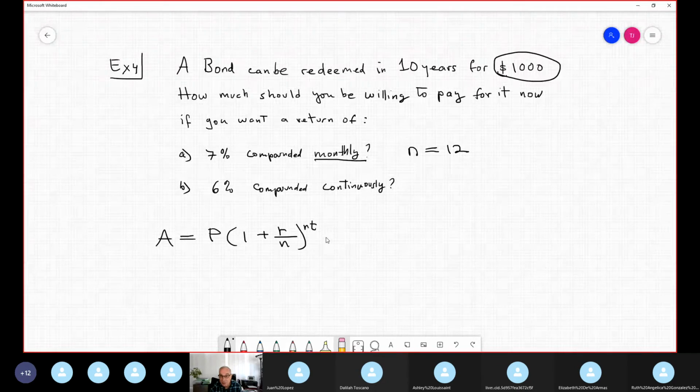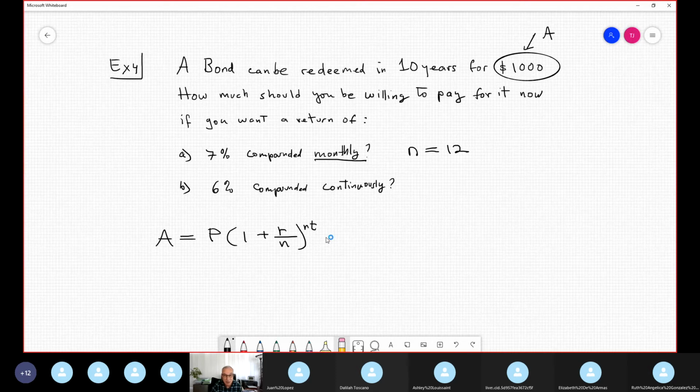So the unknown, the thing I try to find, is present value, the price I am willing to pay right now for the bond in order to get $1,000 in 10 years. Present value is equal to future value divided by (1 plus R over N) to the N T.